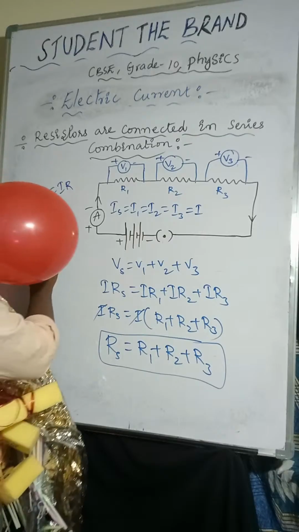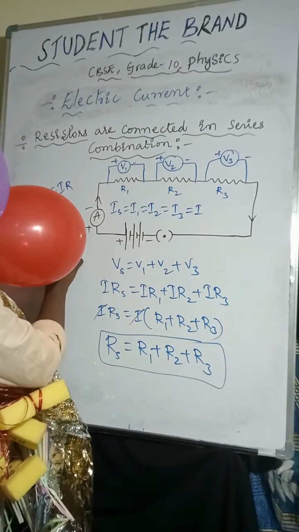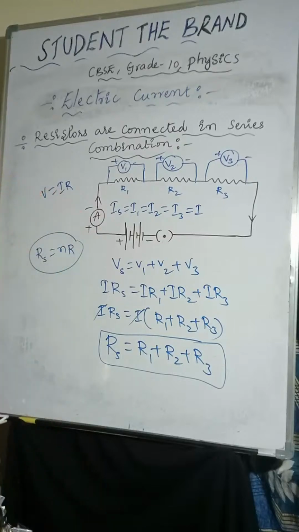If n number of resistors are connected in series combination, then Rs equal to nR.